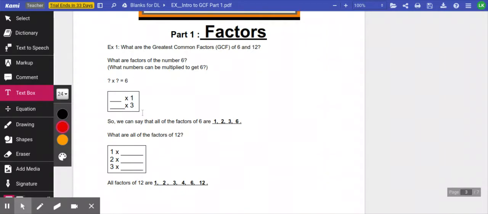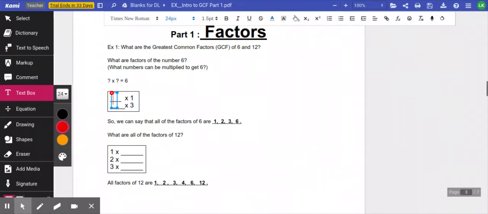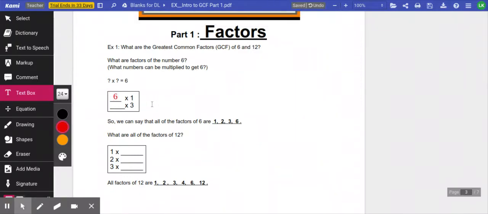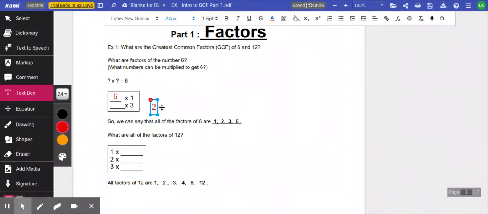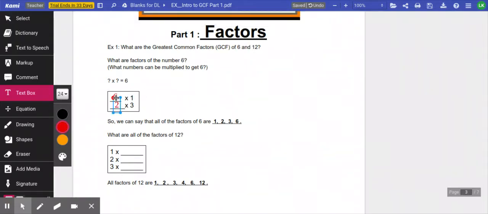I could use 6 times 1, or what else? I could use 2 times 3. So then I could say that some factors of 6 are 6, 1, 2, and 3. Or if I were to write them in order, 1, 2, 3, and 6.